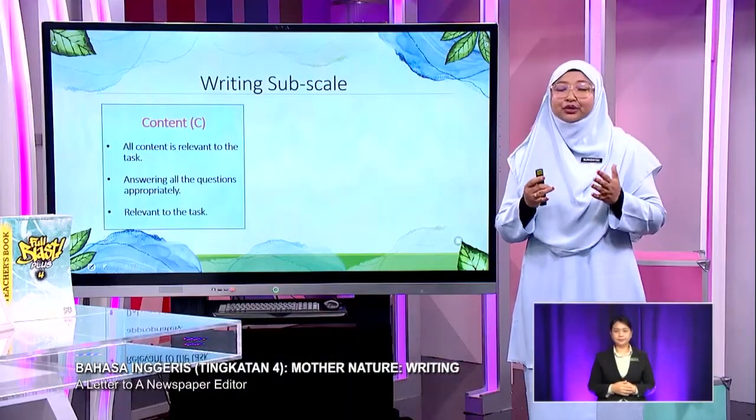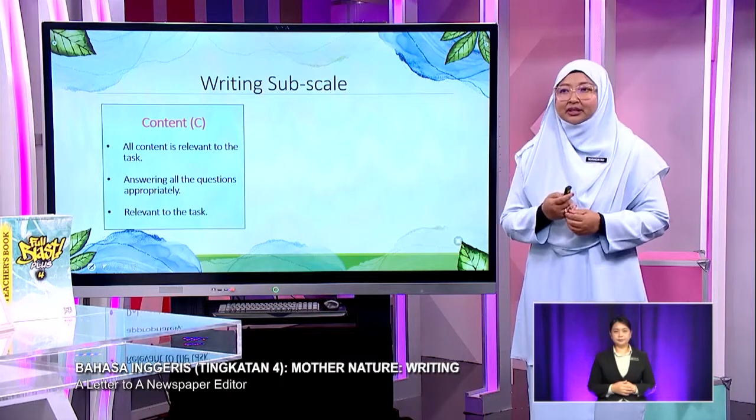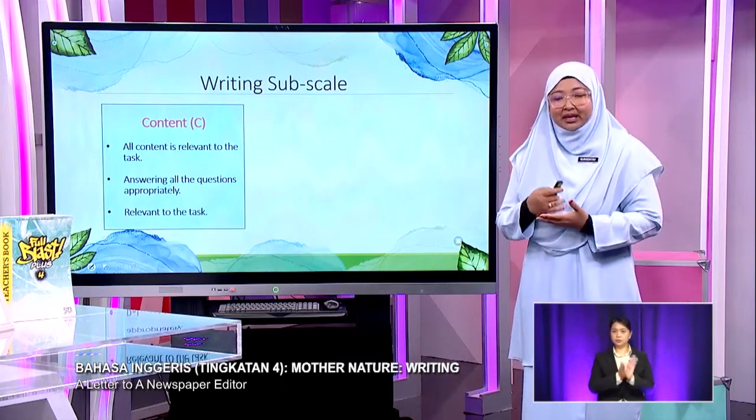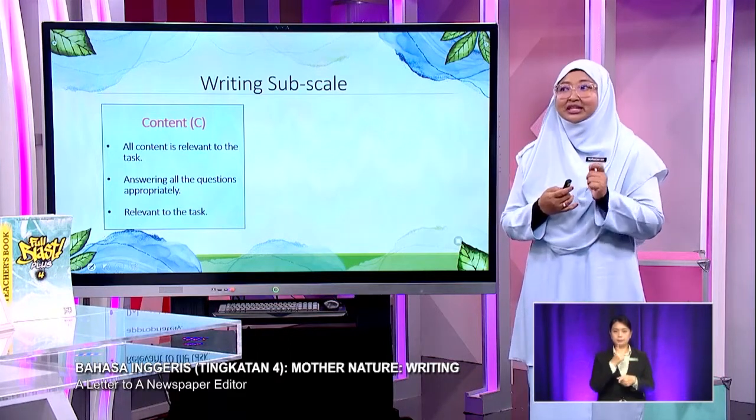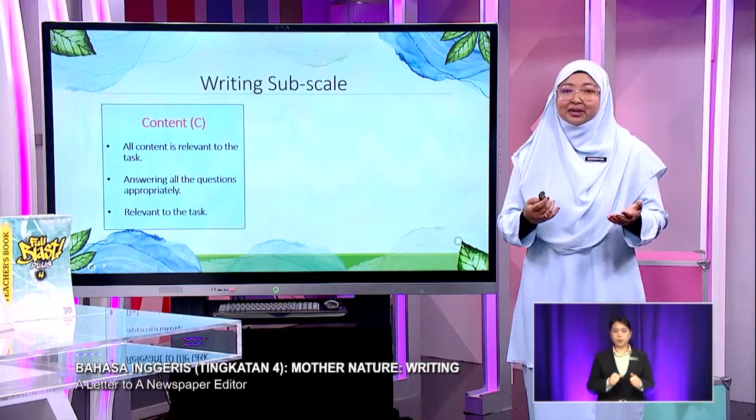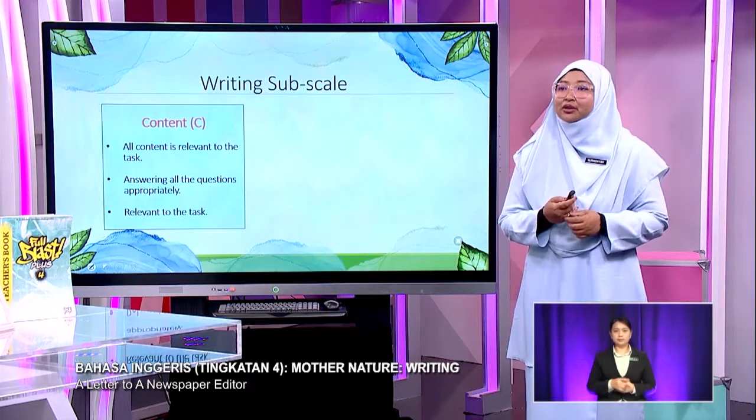Okay, so before that, let me share with you about the writing subscale. This is quite important because everyone is preparing themselves for the examination, right? So we have to touch a bit on this so you will be able to answer properly according to the needs of the examination. For the first one, content.